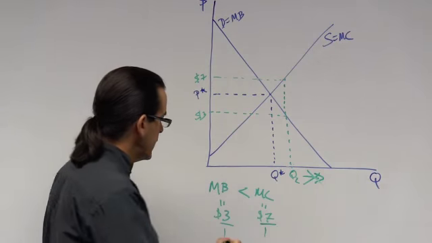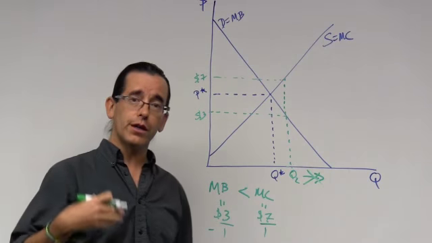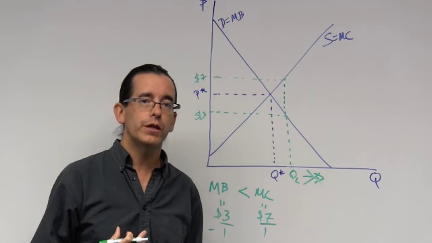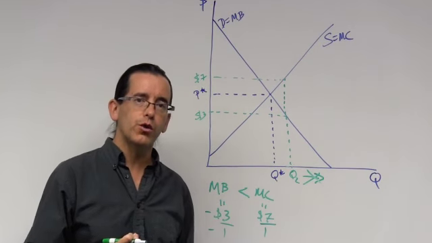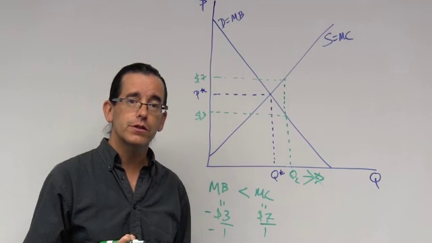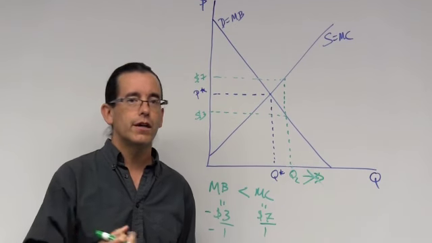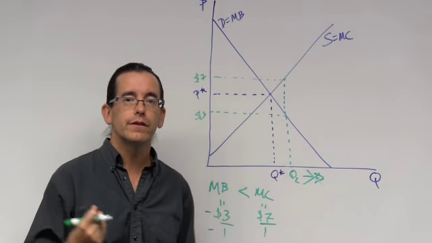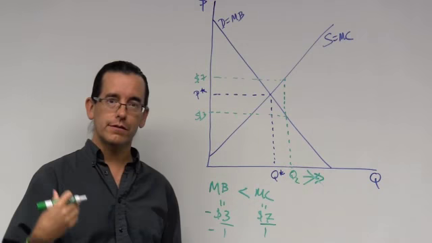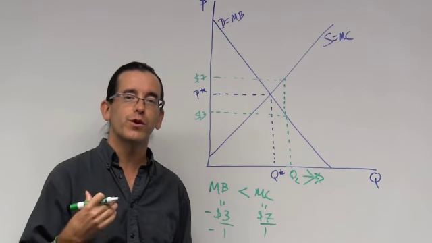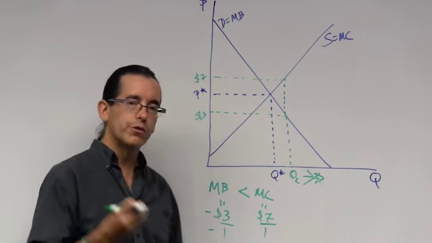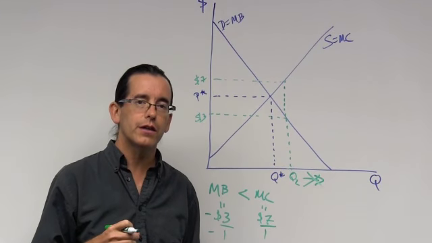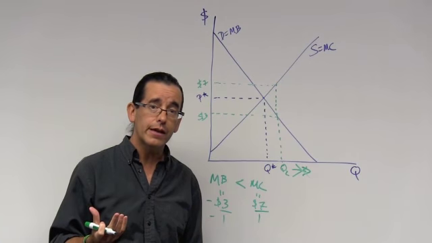If we reduce our consumption by 1 unit, we're going to reduce our total benefits by $3. So if you consume less, you're going to feel less well off. How much less well off? $3 worth less well off. Okay? So we reduce our consumption, we're going to reduce our total benefits by $3. Seems like a bad thing.